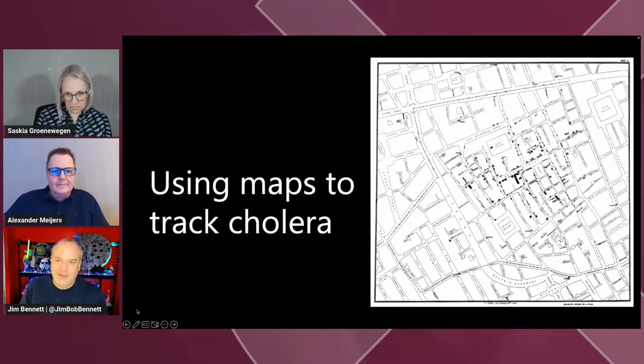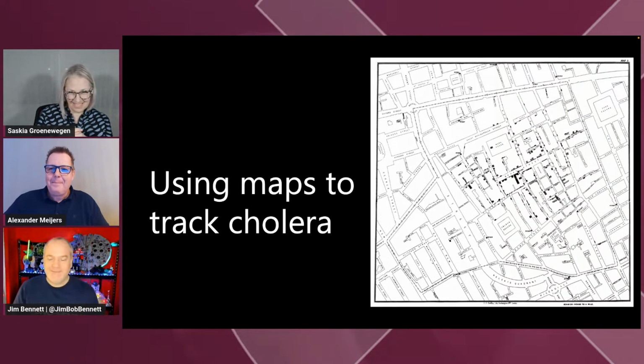I've established that based off the different water coming in to different parts of London leading to different outbreaks, it must be the water. And then I come here and I just plot this, and it's so obvious that this is the place it comes from. I love the story, and I just think it's a really great use of maps in visualization. So this is probably my favorite visualization story.